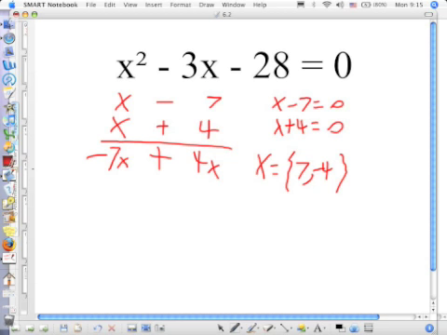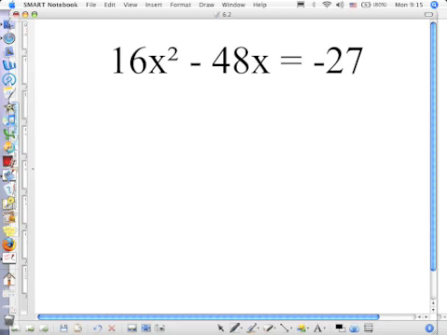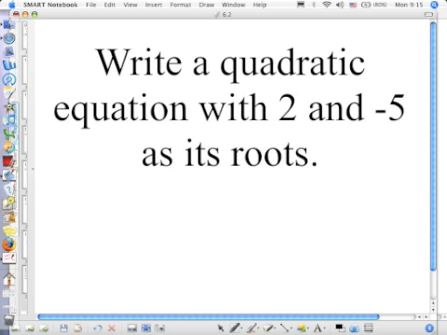X is equal to plus 7 or minus 4. Let's keep going. Okay, hold on, there's 7 or negative 4.